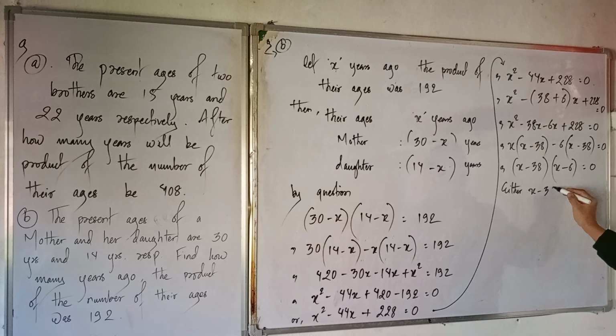Either x minus 38 equals 0, so x equals 38, or x minus 6 equals 0. Now here you just reject this.